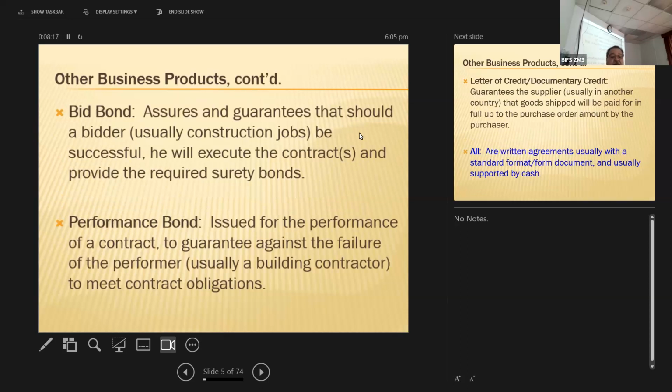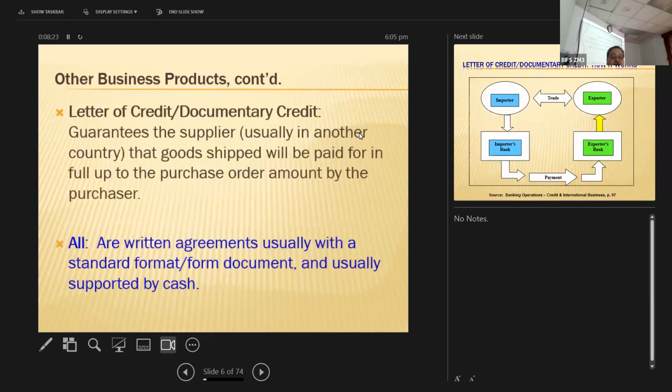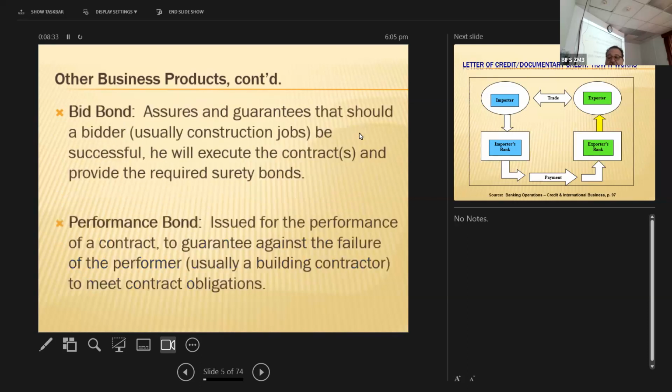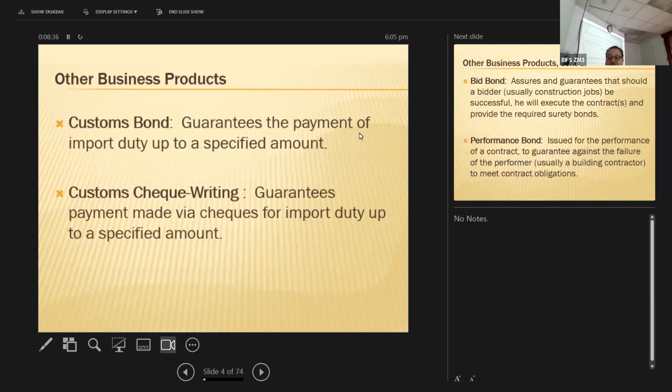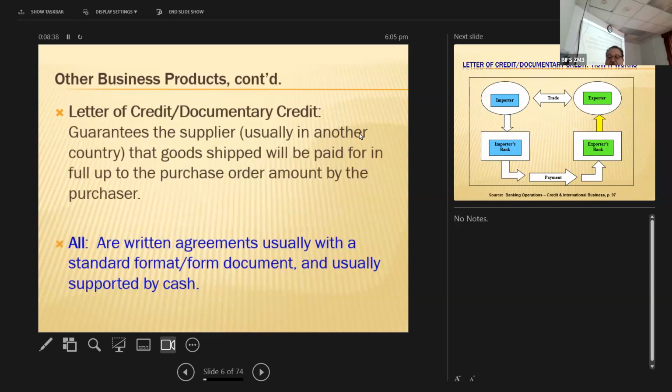Then we also talked about a fifth one, which is also covered in module 2, international business: the letter of credit or documentary credit.